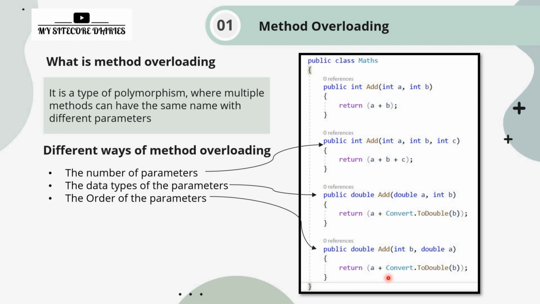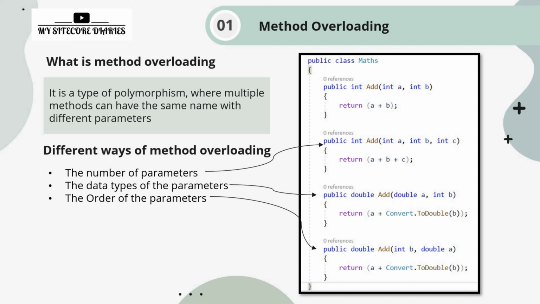If you see this last method, it does the same thing as the third method, but the order of the parameters differs. Here we take the integer value first and then the double value, whereas here we take the double value first and the integer value second. So this is a sample example of method overloading.